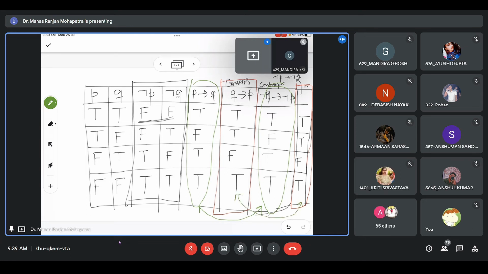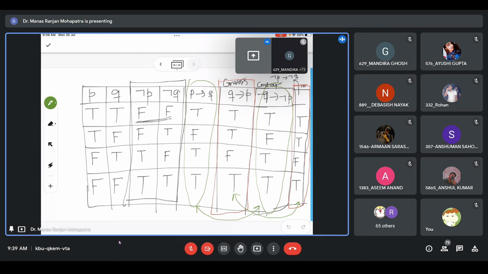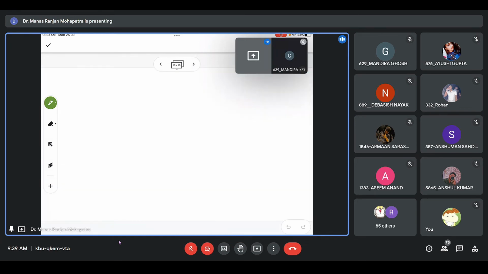So now, what is the definition of equivalence of two statements? We say two statements are equivalent in a precise way. Equivalence of statements.